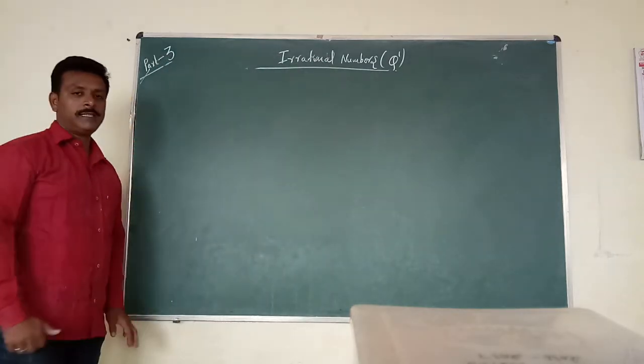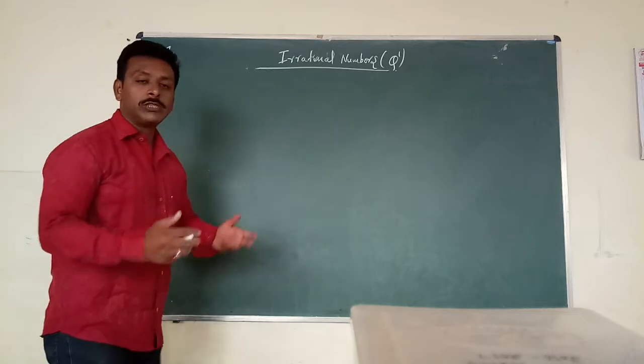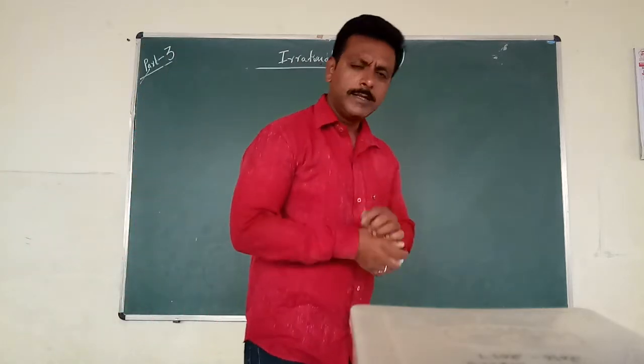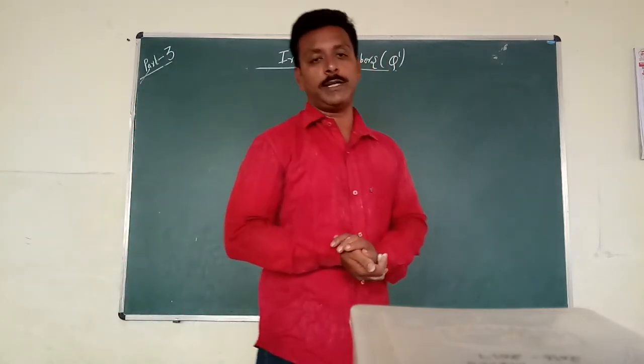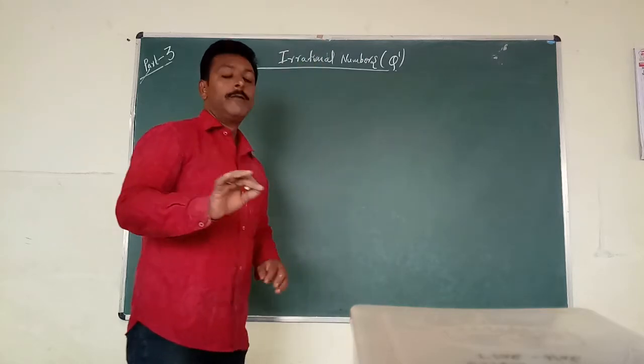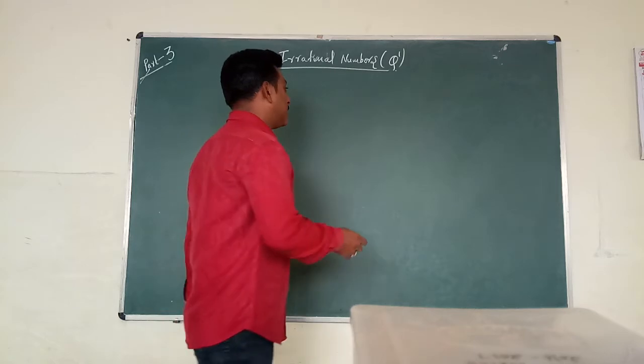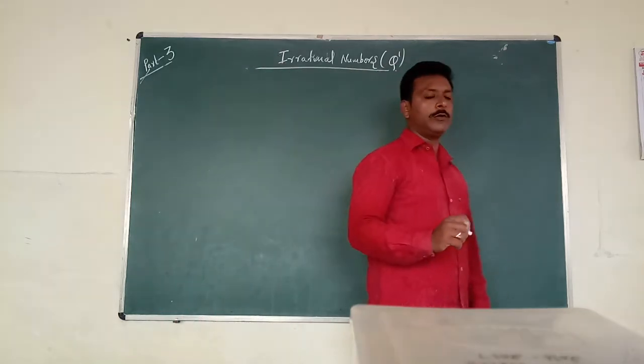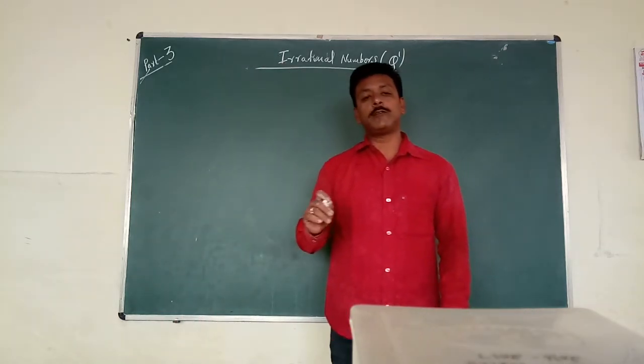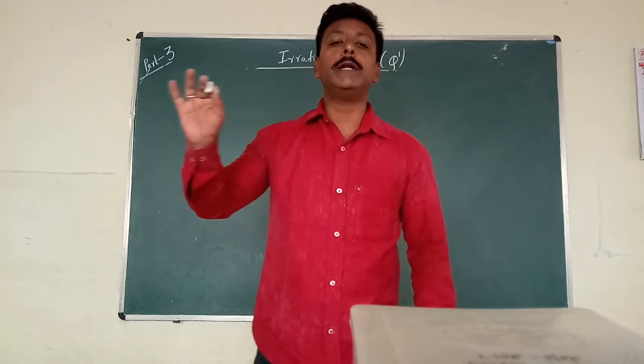Now the question arises, what do you mean by irrational numbers? Already I discussed, even though it is my duty to repeat the statement, the numbers which cannot be expressed in the form of p by q, that kind of numbers are said to be irrational numbers.